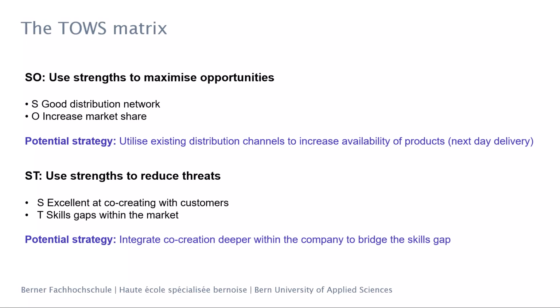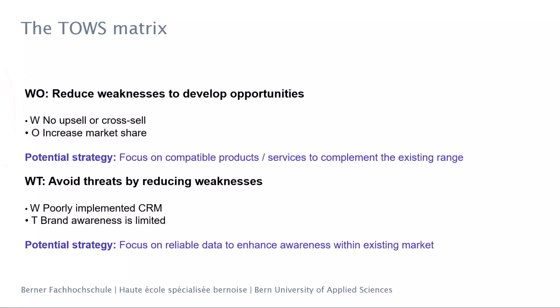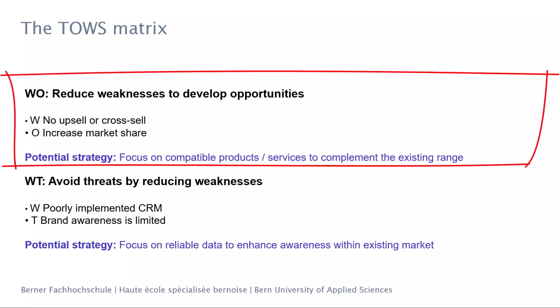Let's look at the other two perspectives that remain in the TOWS matrix approach. If we look at WO, we might want to reduce weaknesses in order to develop opportunities, and a weakness might be that we recognize that we're not very good at upselling or cross-selling. And the opportunity that we've recognized already is that we want to increase market share. We want to do that.